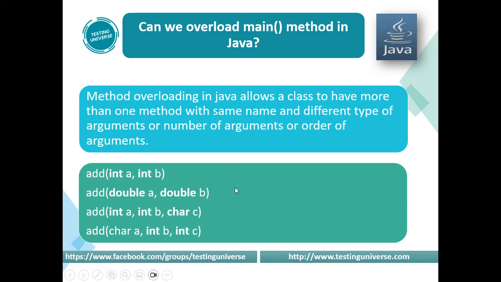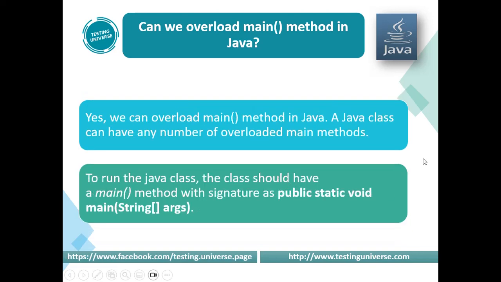For the in-depth method overloading concept, you can watch our method overloading videos, but this is a brief about method overloading. The next question is the one we'll concentrate on for this interview question: can we overload the main method in Java? It is always possible to overload the main method in Java.